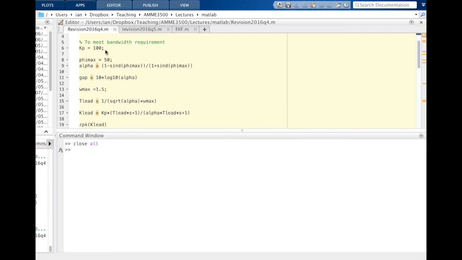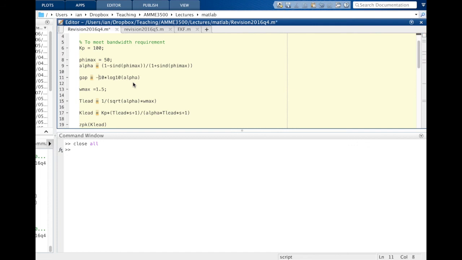I've set KP equal to 100 to meet the bandwidth specifications, and set phi max to 50, so how much we want to boost phase by. Then that gives us a value of alpha. Then the gap here, well, I computed minus 10 log alpha, but you can do it either way. That gave us a value of 8.77.